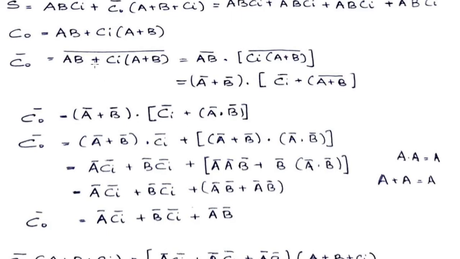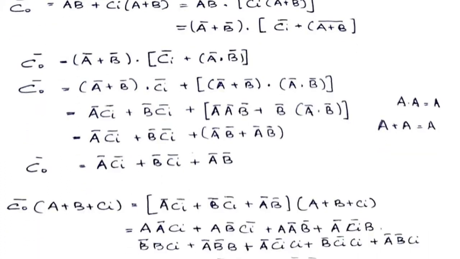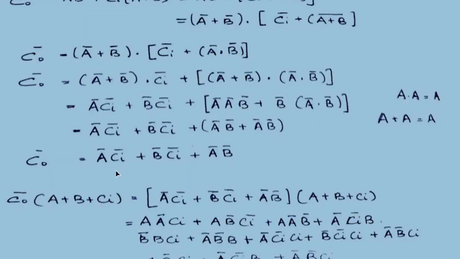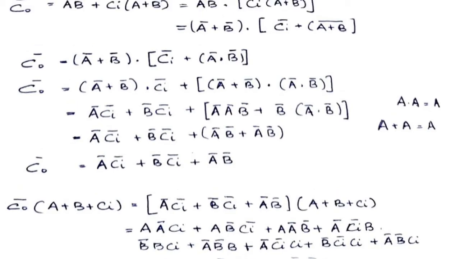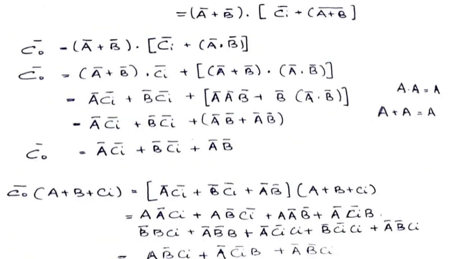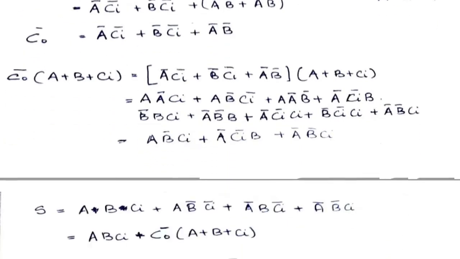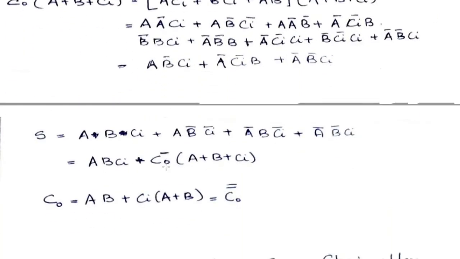I don't think it will be necessary to explain each step one by one. It's only the Boolean laws that are being used here, and finally we come to the expression that C0 bar is A bar Ci bar plus B bar Ci bar plus A bar B bar. When we use C0 bar to find the sum expression, we get ABCI plus C0 bar into A plus B plus Ci.